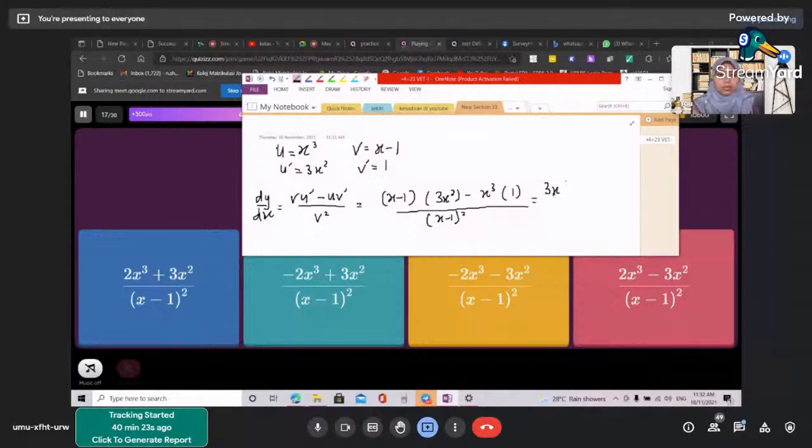So 3x cube minus 3x square minus x cube over (x minus 1) square, giving 2x cube minus 3x square divided by (x minus 1) square.